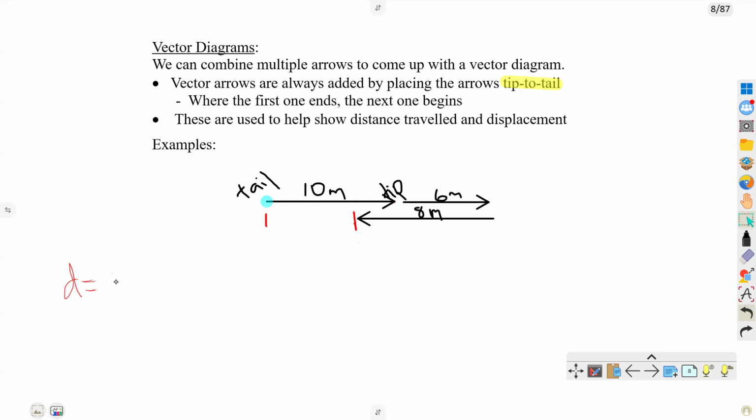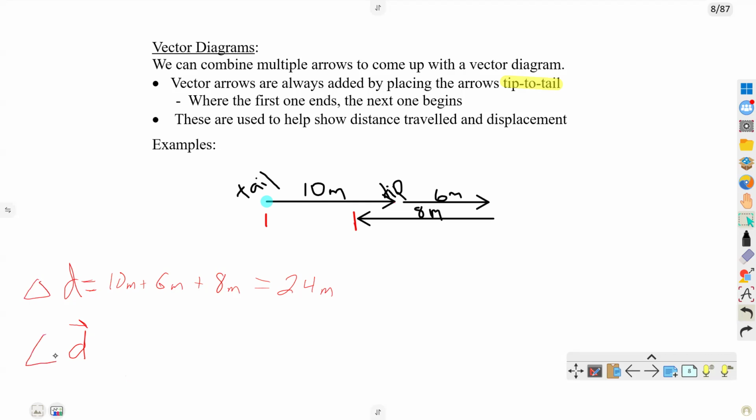So this would simply be 10 meters plus 6 meters plus 8 meters. And that's going to equal 24 meters.